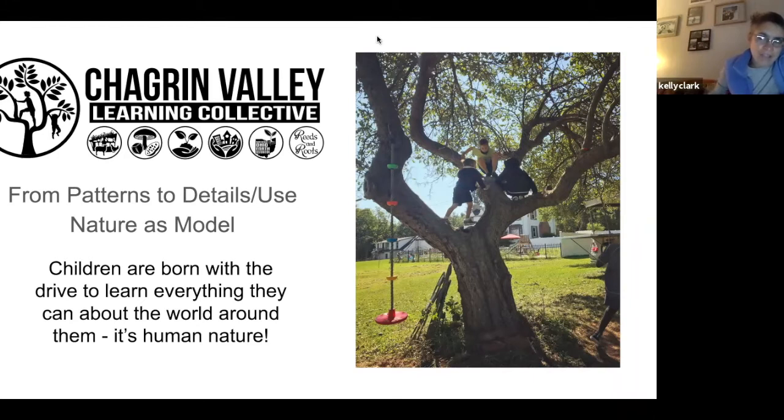So one of my favorite permaculture principles is from patterns to details. And actually, for a long time, I didn't really understand this particular principle, because I think in most permaculture classes, the examples they use for patterns to details are by and large geometric.